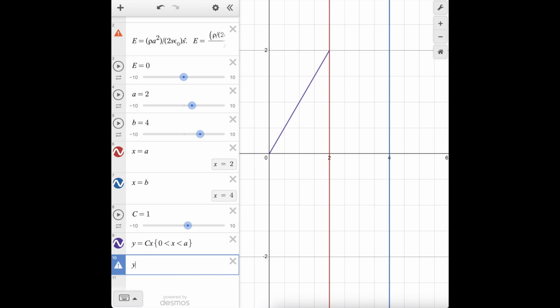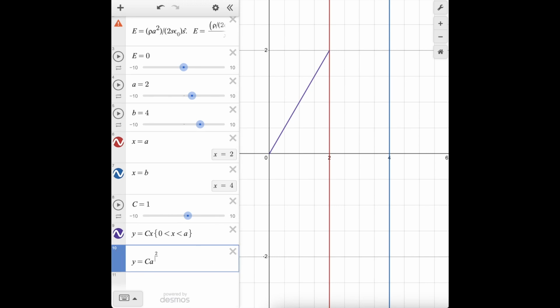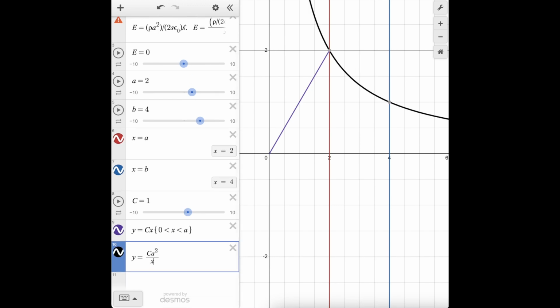So Y, which is the electric field here on this vertical axis, is C A squared over X, and we know that this is only valid between A and B.